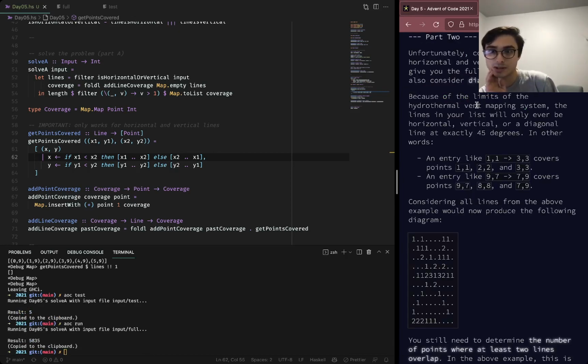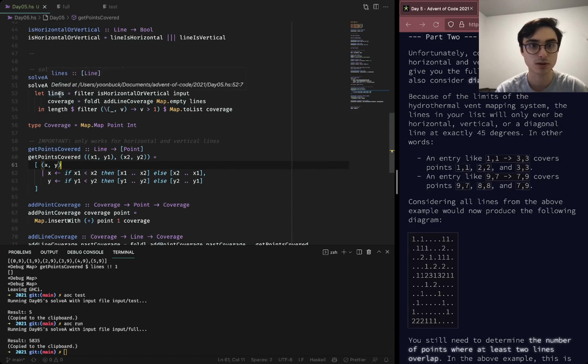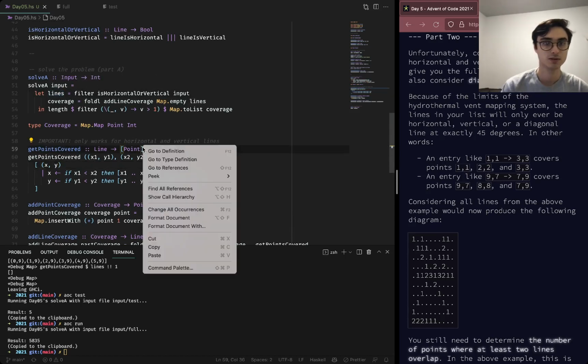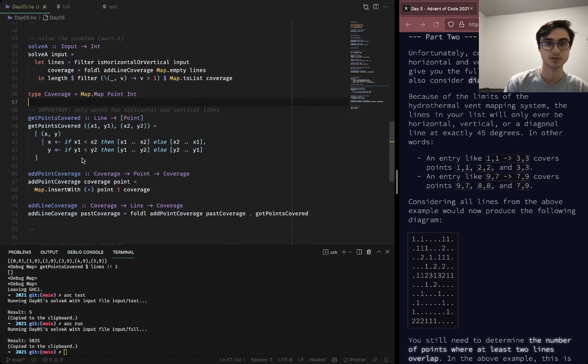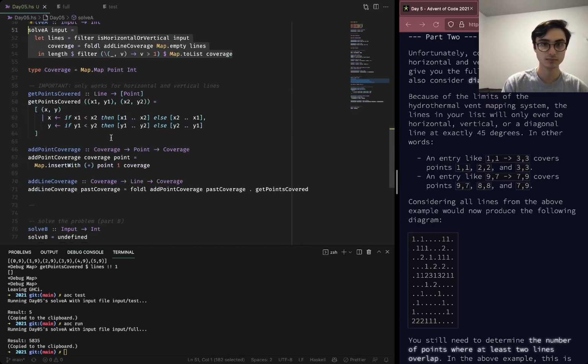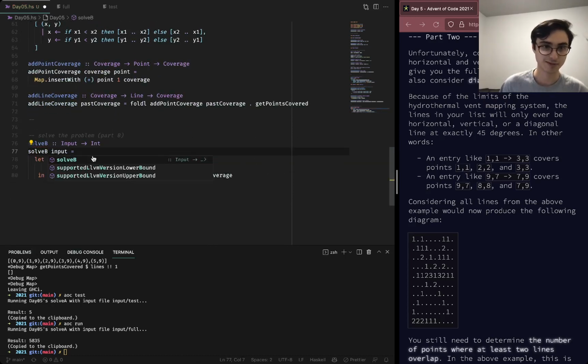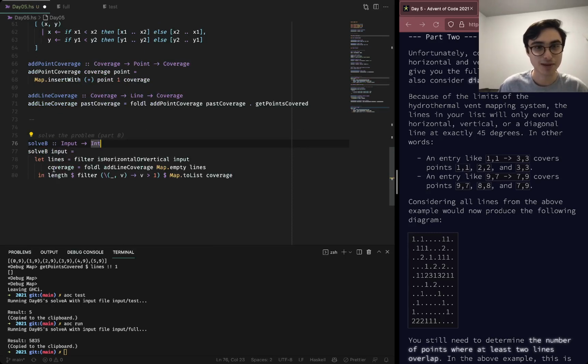We also need diagonal lines. Oh, thank goodness, they're only diagonal lines at exactly 45 degrees. Good. So get points covered. So solve B is going to look the same. I've learned my lesson about not changing the name, but we don't have recursion in this one, so it's not a problem.